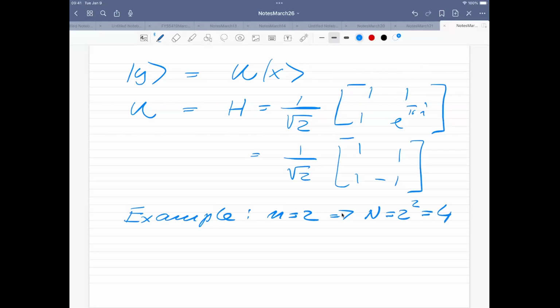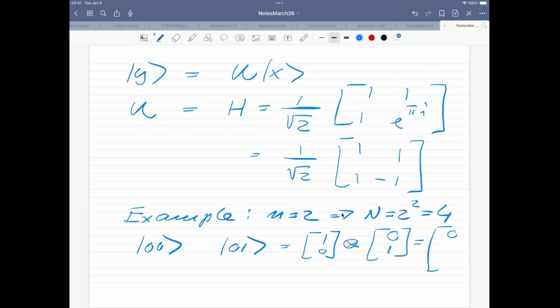We know then that we have the states 0, 0. We have 0, 1, which is the tensor product of 1, 0. I'm just reminding you of the more compact notation we have. And that becomes 0. And then we have 1, 0, 0. Then what we have next is 1, 0.